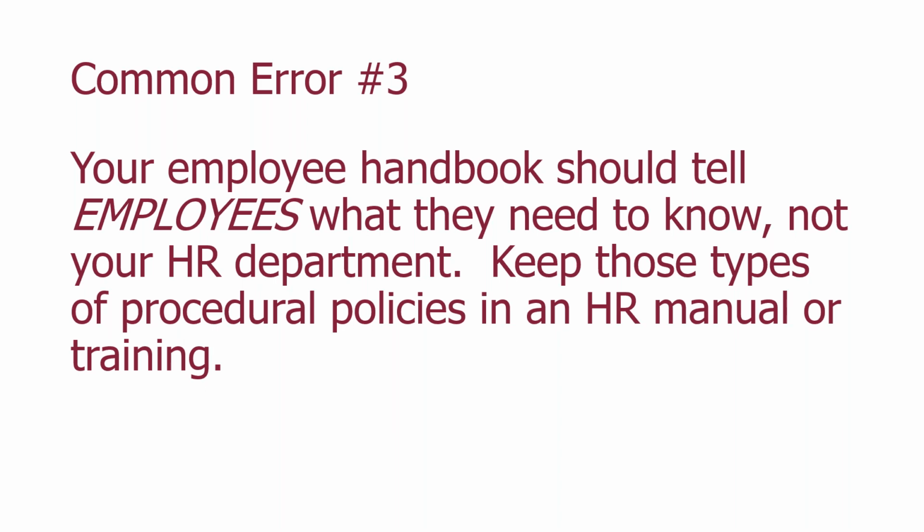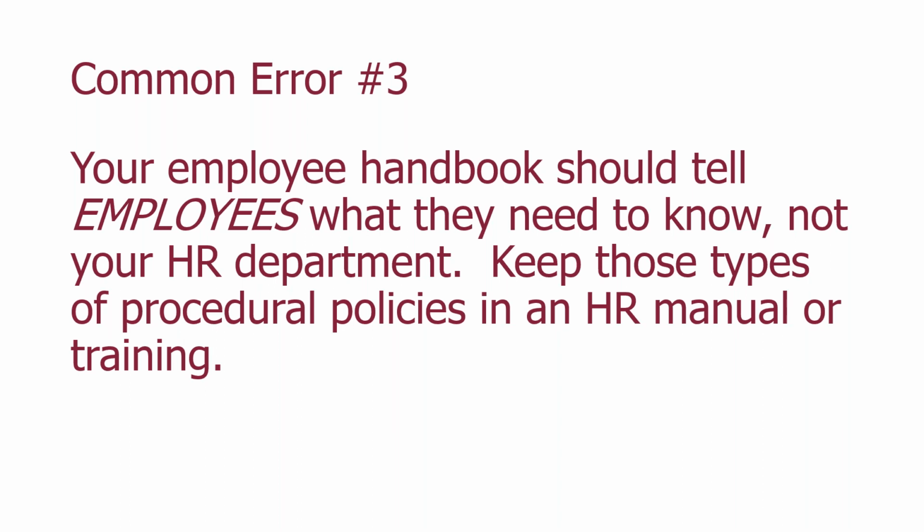Keep that type of information in a procedural policy or HR manual that is specific to your HR folks. Another caveat with this, because it may seem obvious to you at this point to have that separate: we've seen in the past where an agency like the Department of Labor comes in to do an investigation of a company and they ask to see the employee handbook.